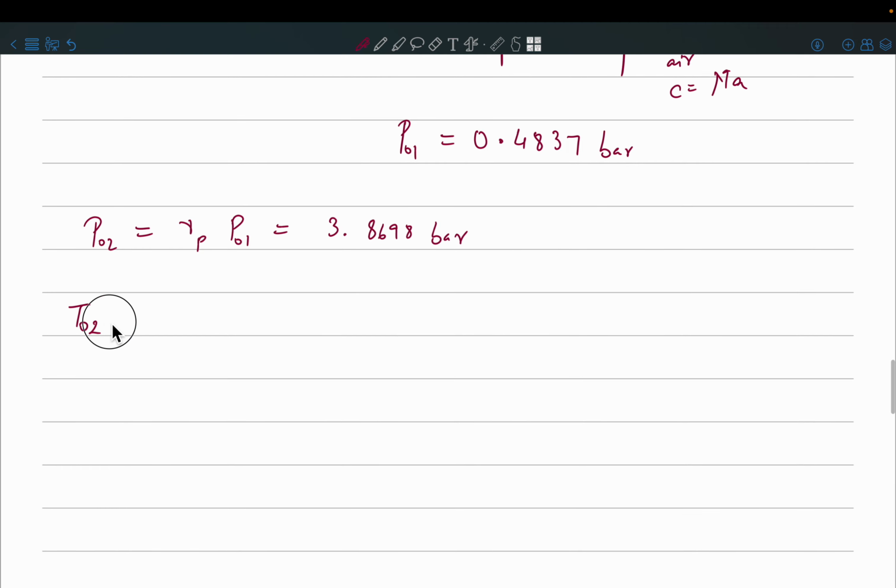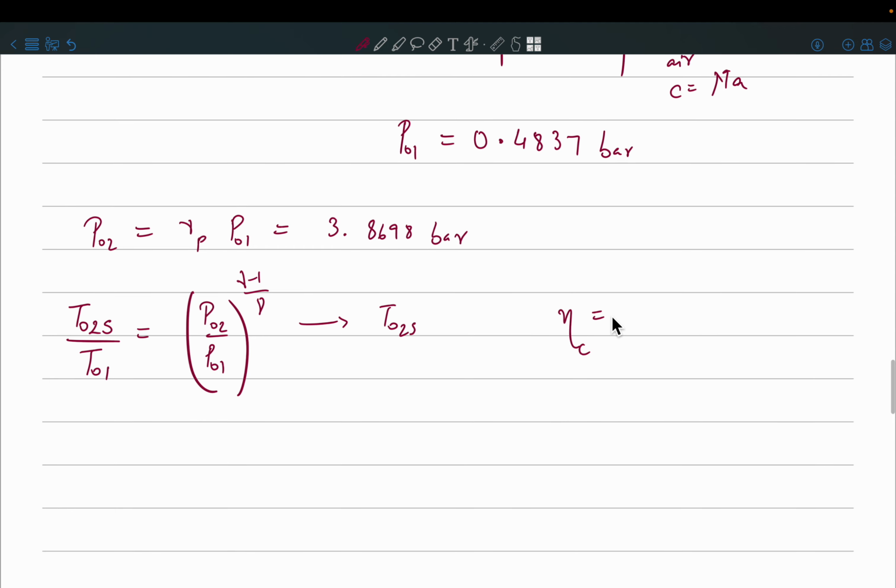So first let us calculate T02s. Okay, so T02s by T01, you can calculate that because you know the ratio P02 by P01, and that to the power of gamma minus 1 by gamma.